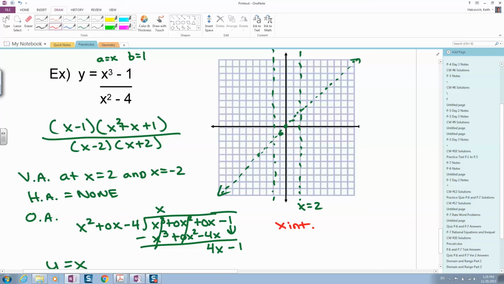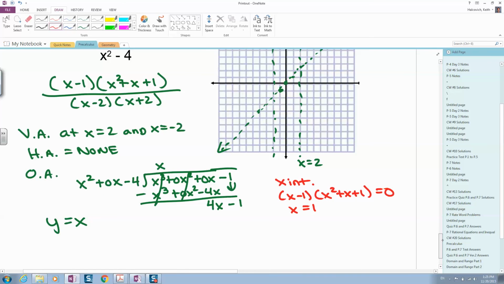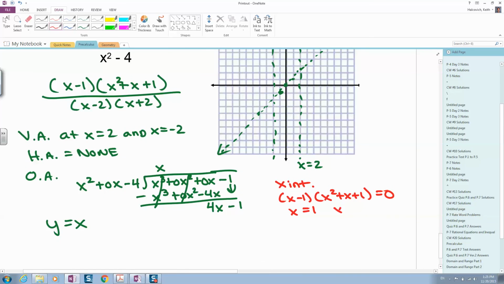Remember, you set the top equal to 0. Well, there are two places it could equal 0, x minus 1 and x squared plus x plus 1. Well, x equals 1 here. However, x squared plus x plus 1 equals 0.